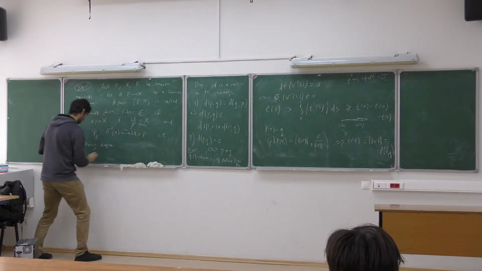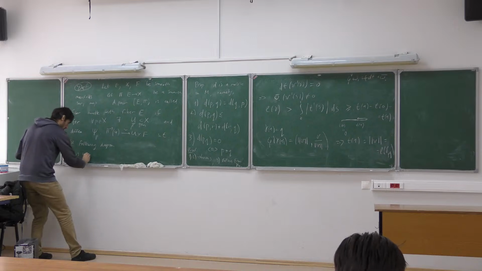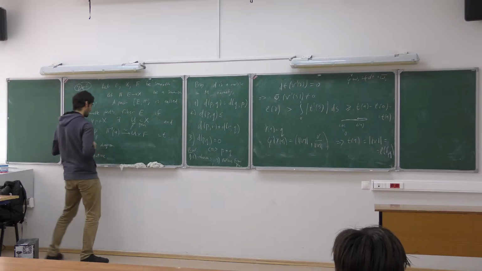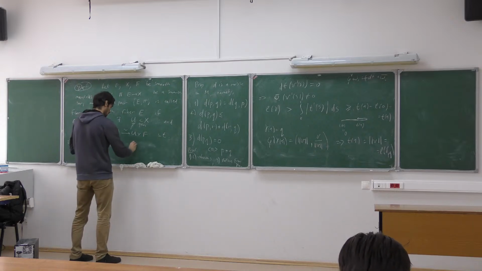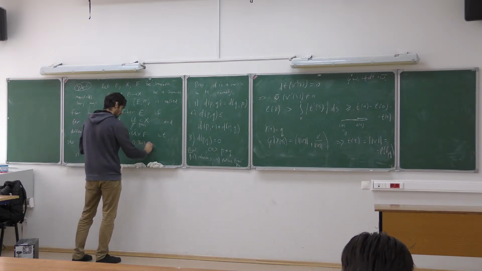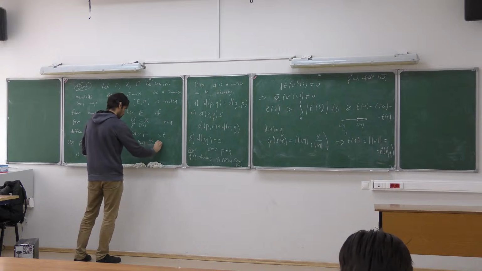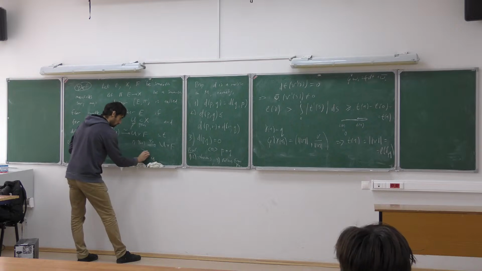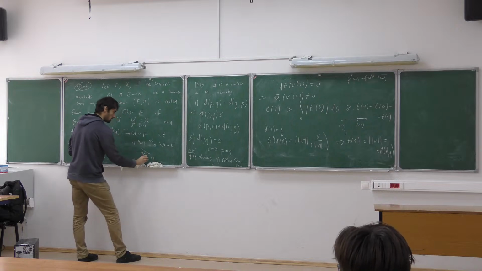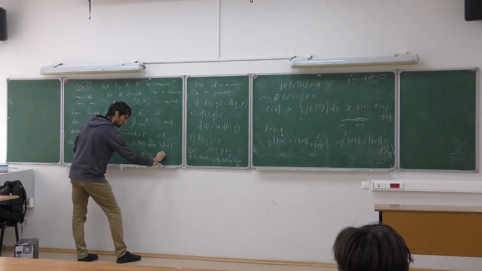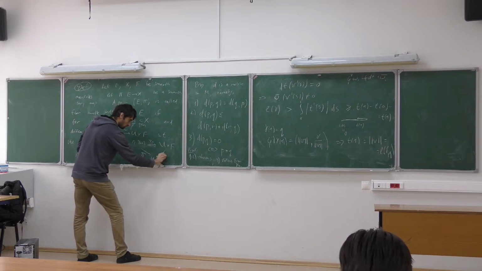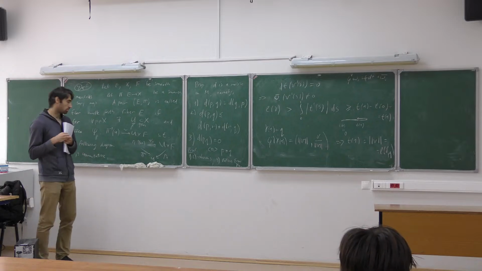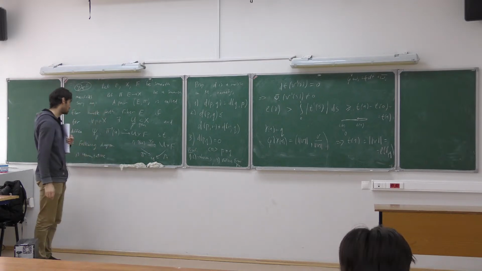The diagram is like that: you have pi inverse of U, then psi P going to U times F, and then to U by pi here, and to U by p1, which is the projection to the first component, just the usual projection.